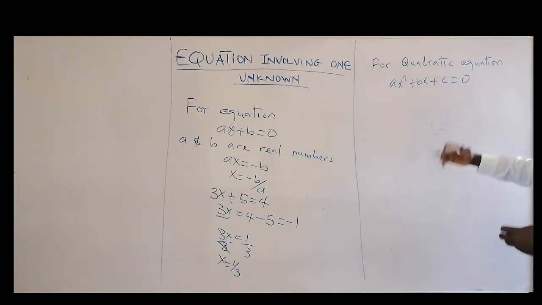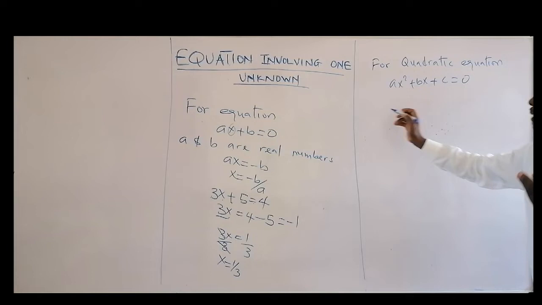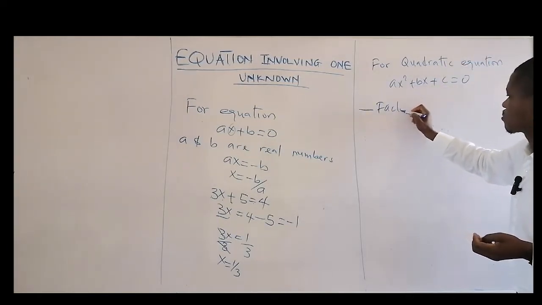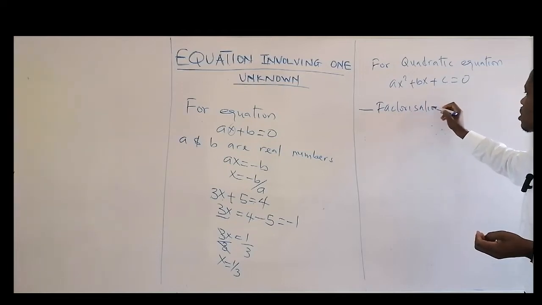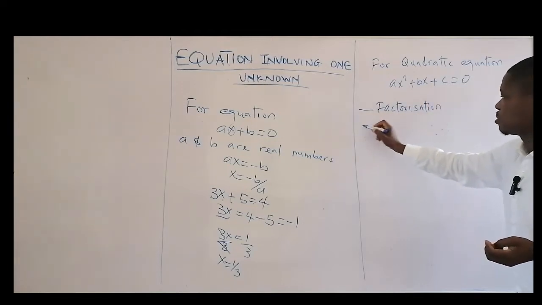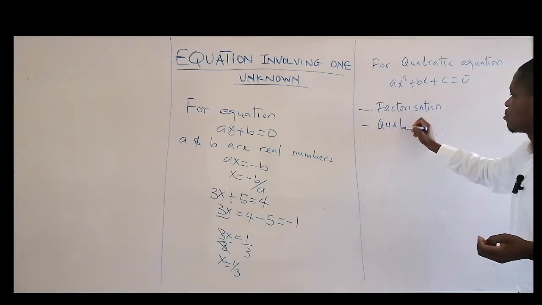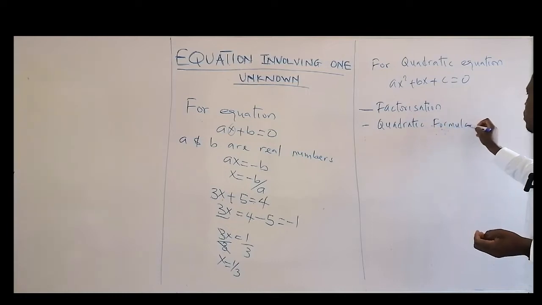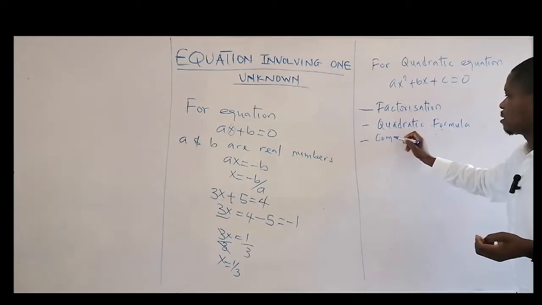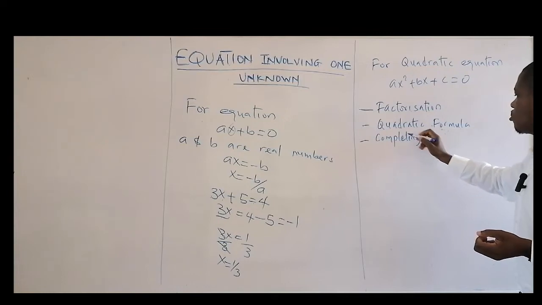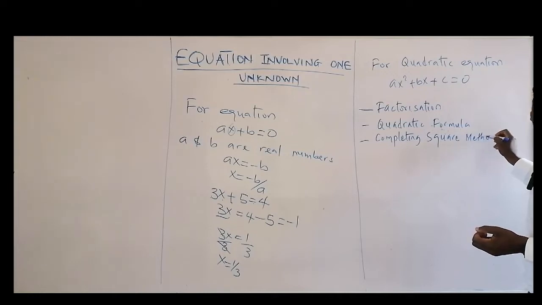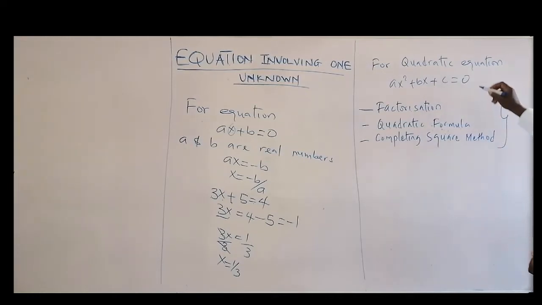For any quadratic equation, you can use the factorization method to get the unknown. You can use the quadratic formula. Then you can use the completing the square method. So these are the applicable methods for quadratic equations.